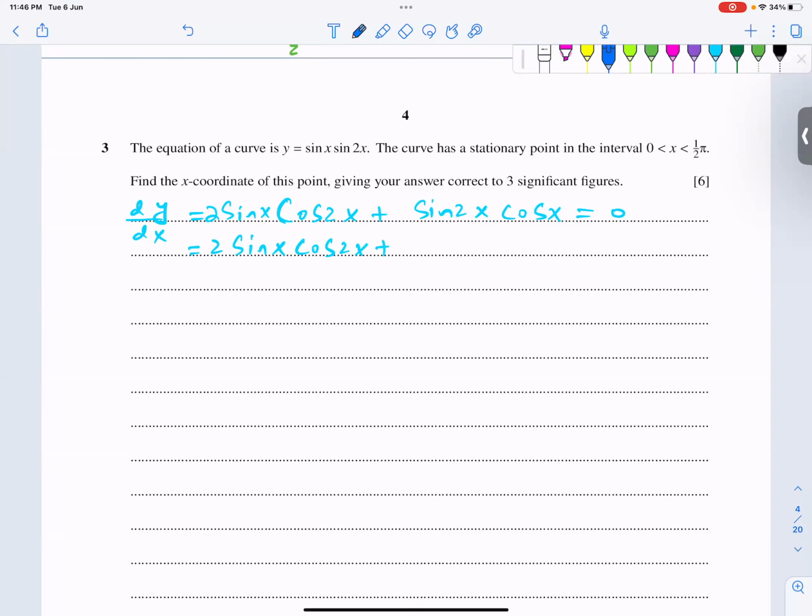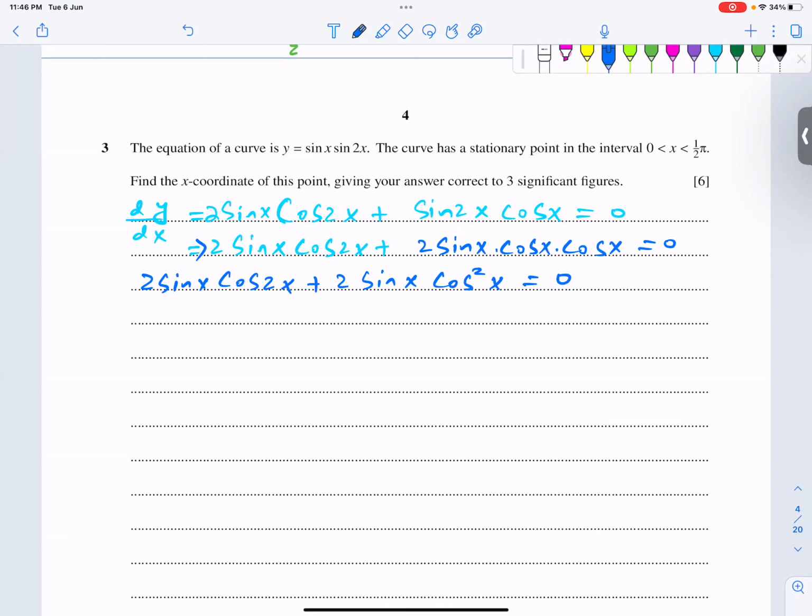If you apply the sine 2x formula here, this will become 2 sine x cos x into cos x equals 0. So 2 sine x cos 2x plus 2 sine x cos squared x is equal to 0.